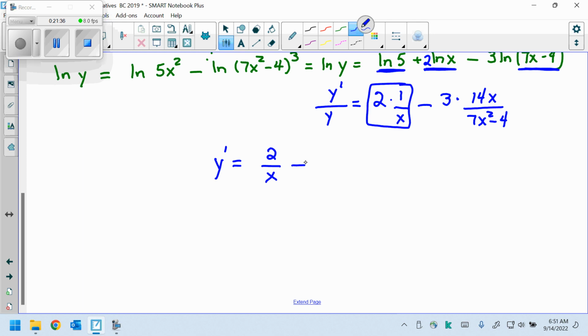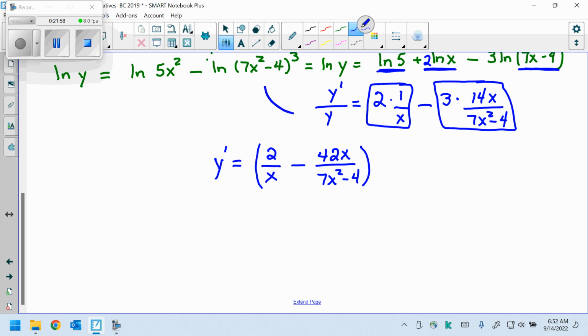Minus, well, 3 times 14x is 42x over 7x squared minus 4. And then I got to take that entire side and multiply it by this y so that I get y prime all by itself. And I'm very tempted, now I'm only doing this temporarily, very tempted to say times y.